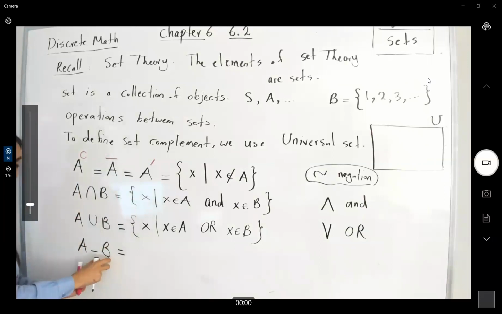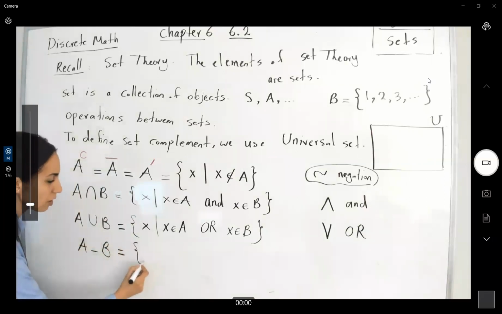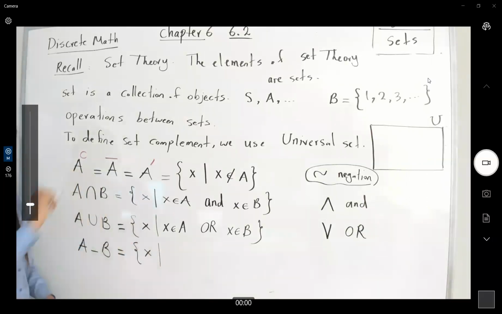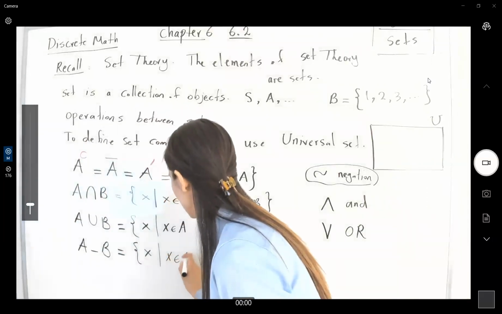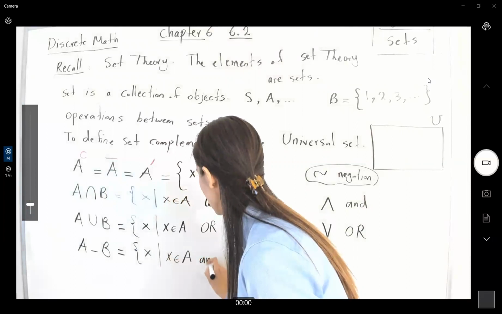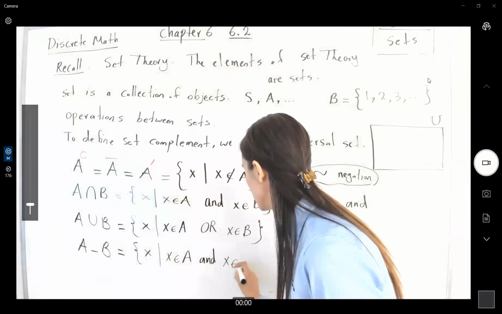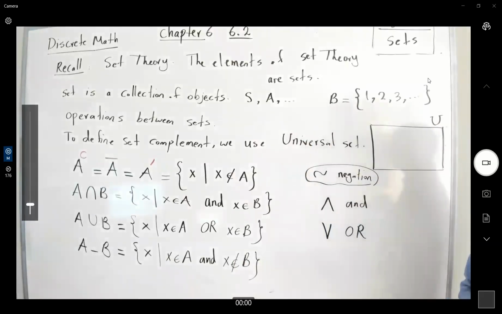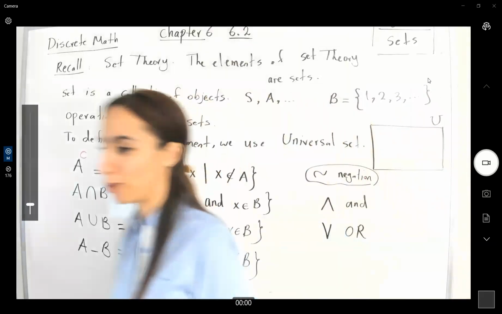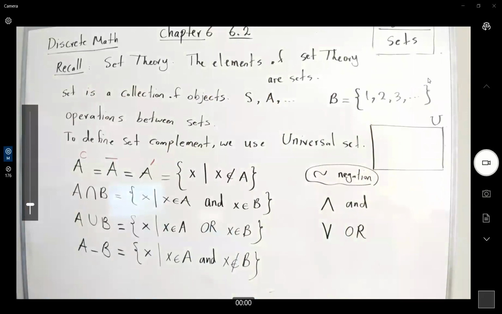We are subtracting all the elements that belong to B from A. So this is the set of all elements like x such that x is in A and x is not in B. This is what we learned before.